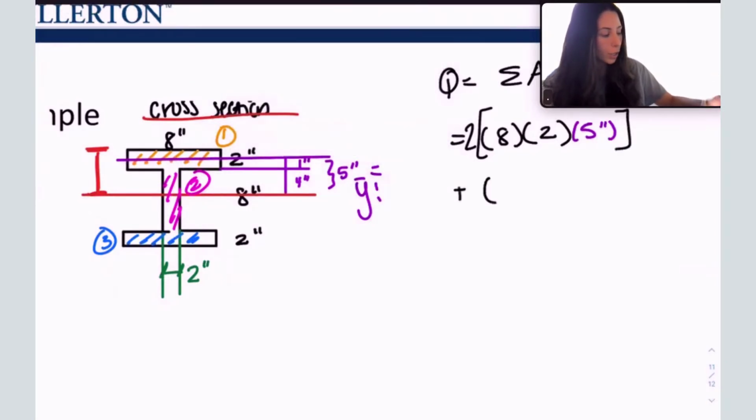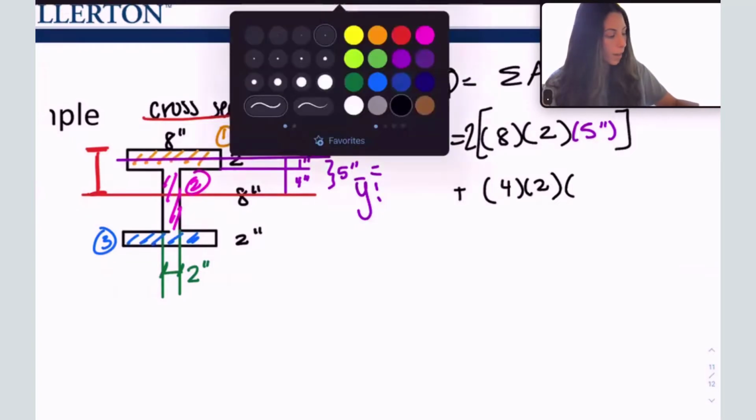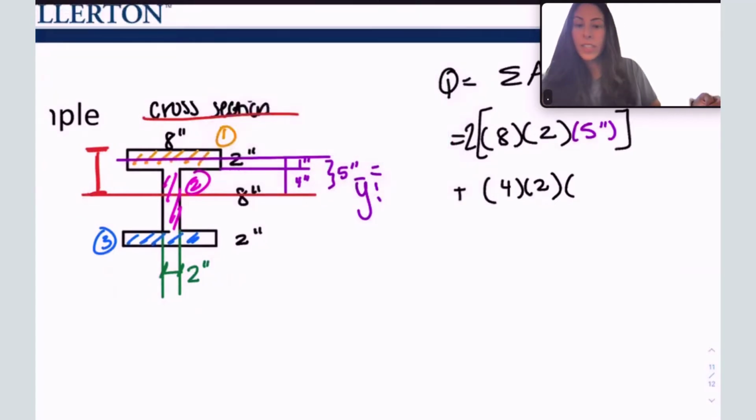Plus, what is the area 2? The pink section. That is going to be 4 times 2. And what is the Y bar for that area? Pick a different color I haven't used somewhere in here. The distance from the neutral axis to the middle of that section.